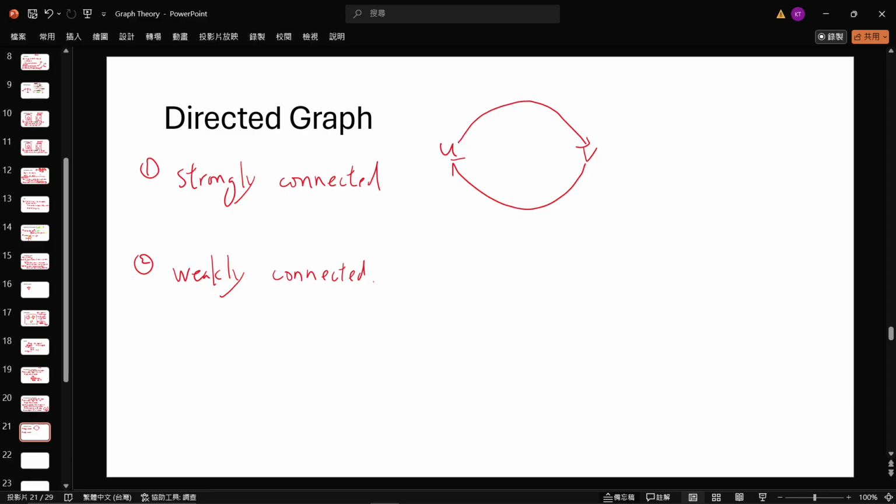But for a weakly connected graph, I think if my memory is correct, you only have to make sure that either u can find a path to v or v can find a path to u, okay? Just one of them. So for this, we require both directions.